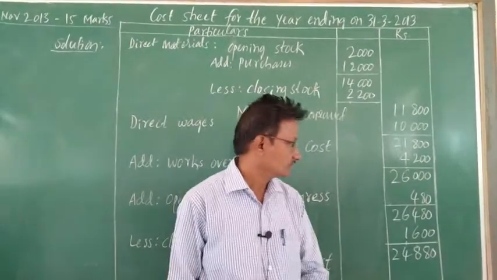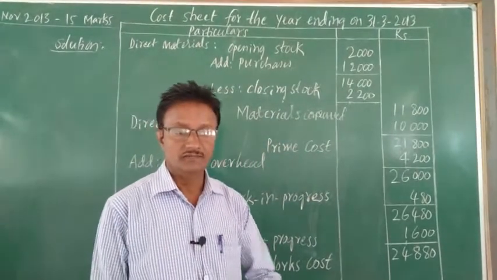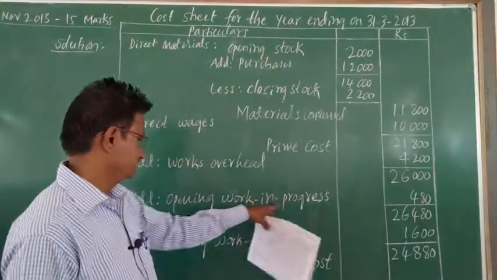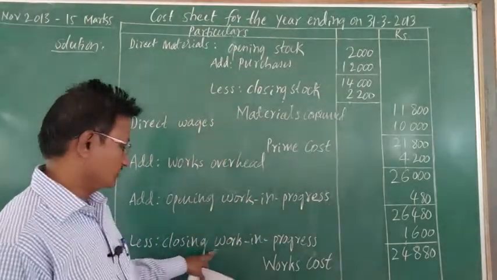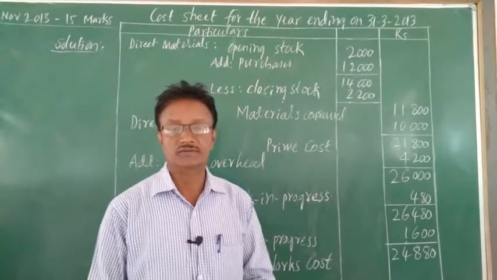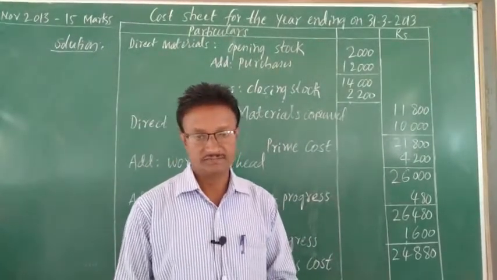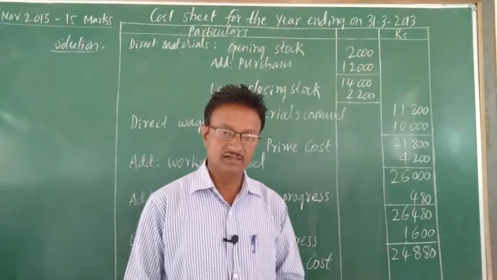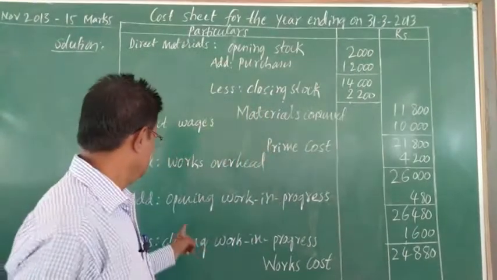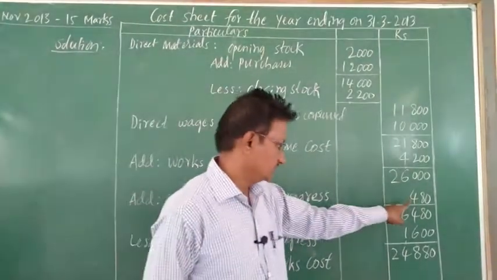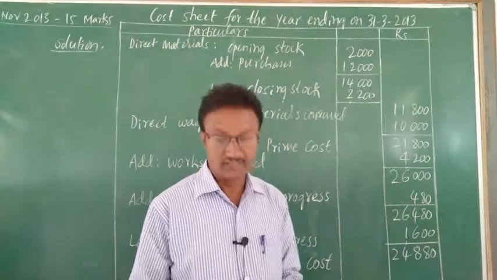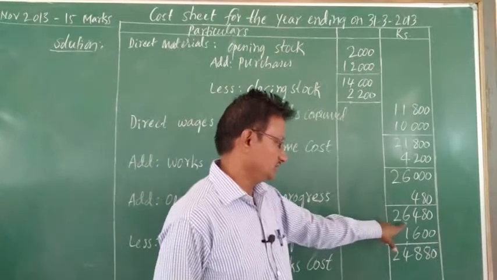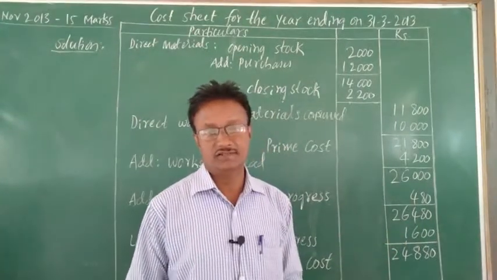Next the total is 26,000. From this we have to add opening work in progress and deduct closing work in progress to get the works cost, because work in progress is always related to machinery or factory. So add opening work in progress, which is given in the problem, that is 480, and the total is 26,480.